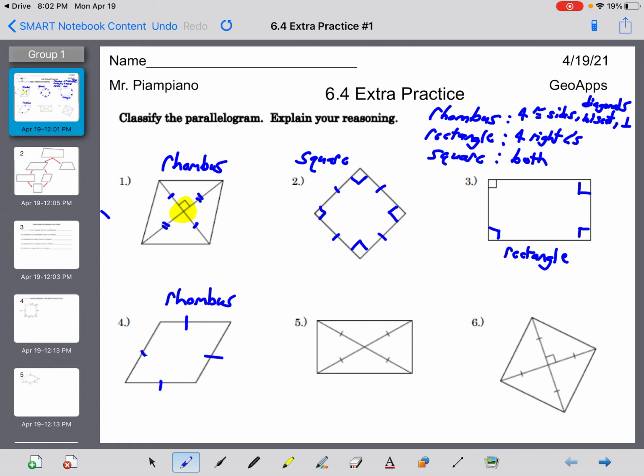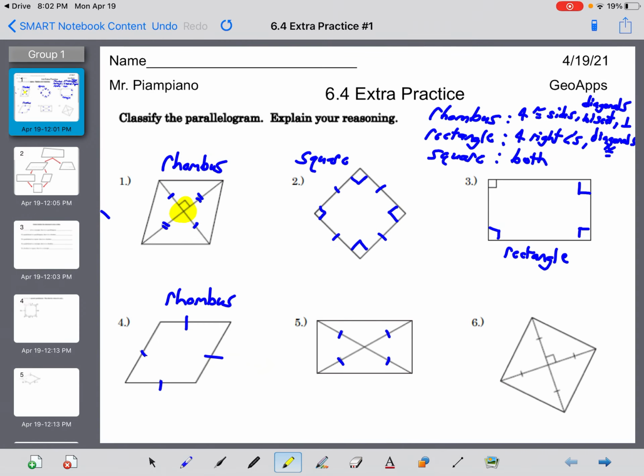Okay, for number 5, we have diagonals bisecting each other. We know nothing about the sides. Okay. But if we remember, in your rectangle, your diagonals are congruent.